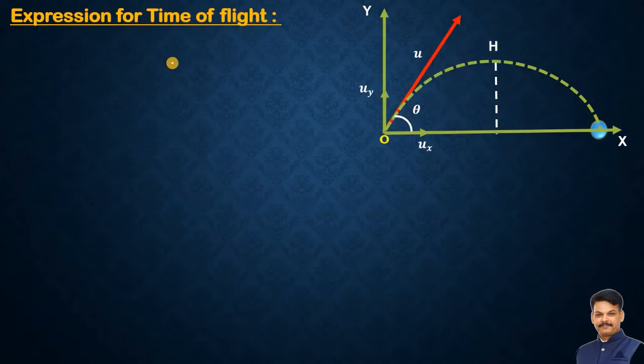Now, what do you mean by the time of flight? Dear students, whenever an object is thrown obliquely, for example from point O, making an angle theta with the horizontal line, then that object moves in the air.